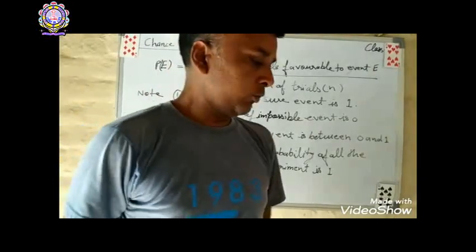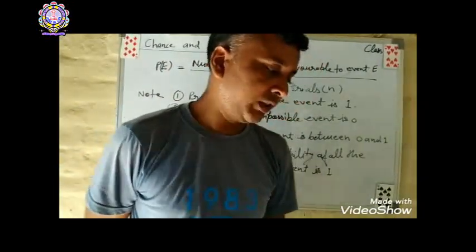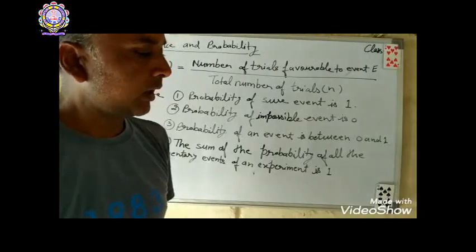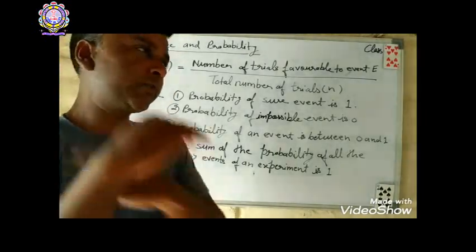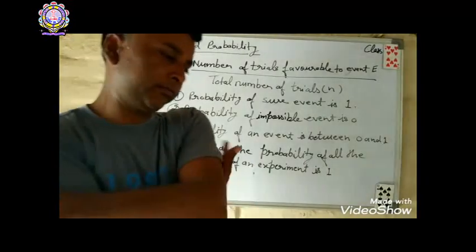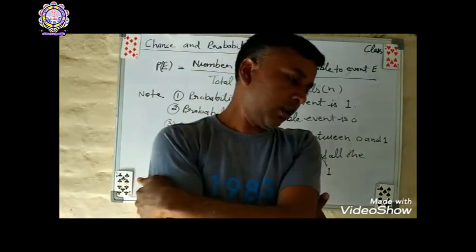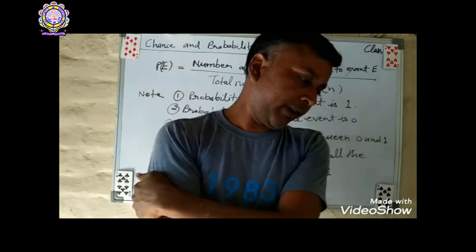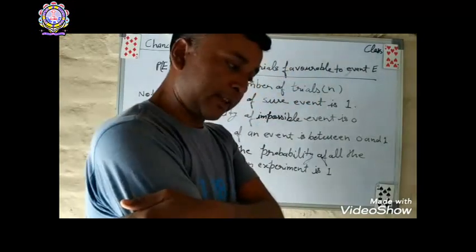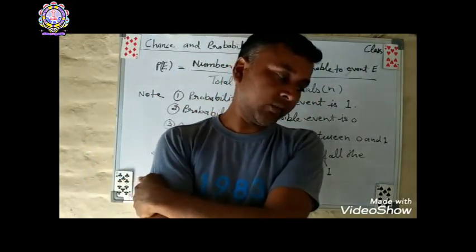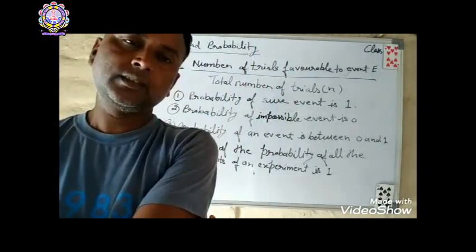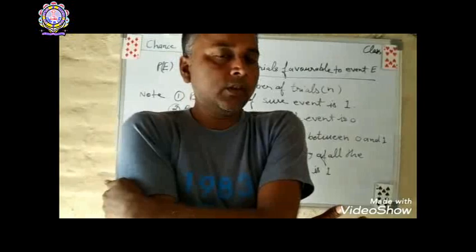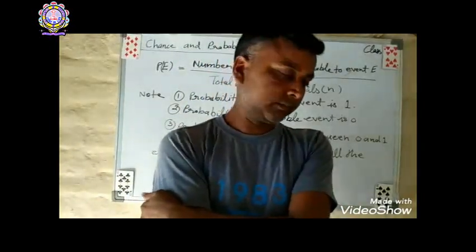Slowly, when the match proceeds, it becomes clear which team will win the game. People waiting for a train ticket expecting it to get confirmed take a chance or risk. It may be confirmed or not confirmed.